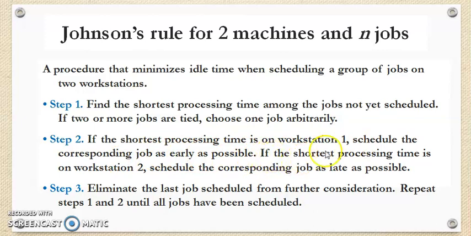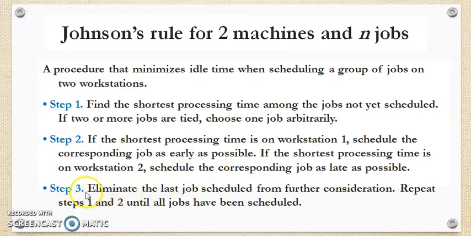And if the shortest processing time is on workstation 2, that is on machine 2, then schedule that job as late as possible. That means at the last that job will be scheduled. We continue this till all the jobs are sequenced.